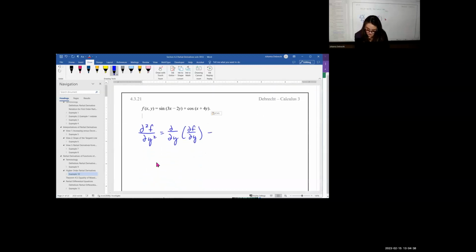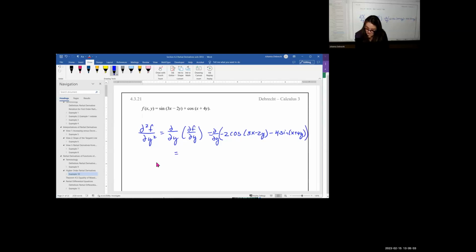And the partial here is going to be cosine of 3x minus 2y times a negative 2. And again, I have to do the partial with respect to y again. And then I'm going to have minus sine of x plus 4y times 4.